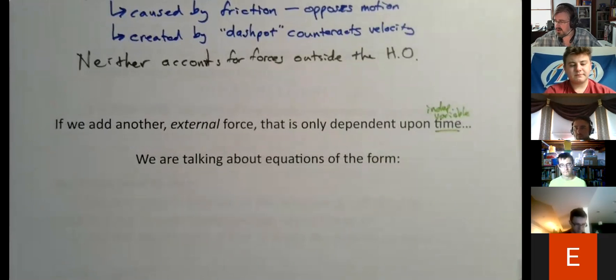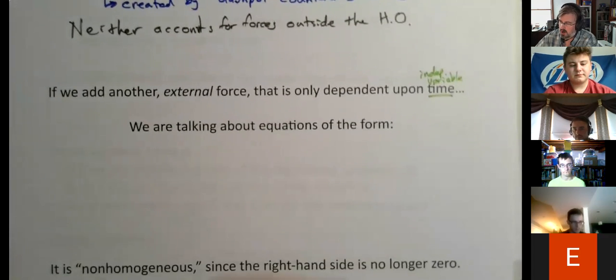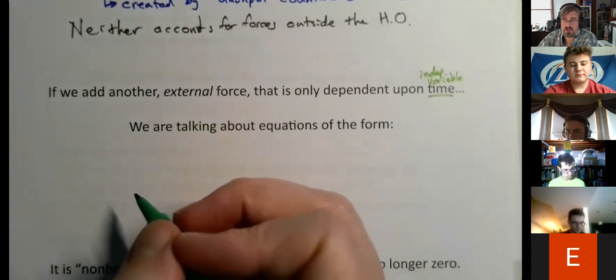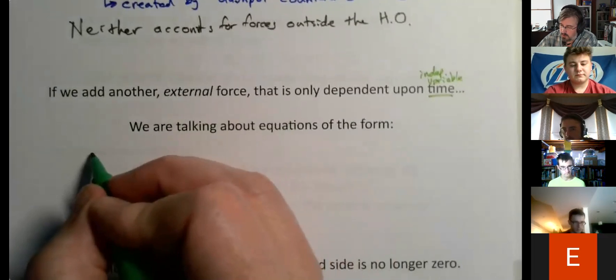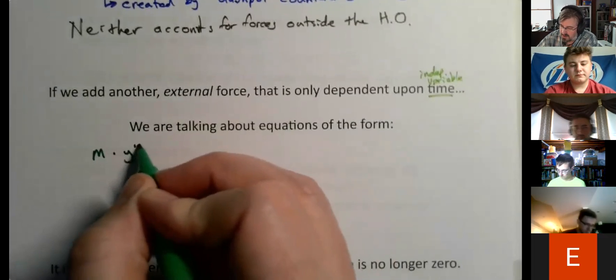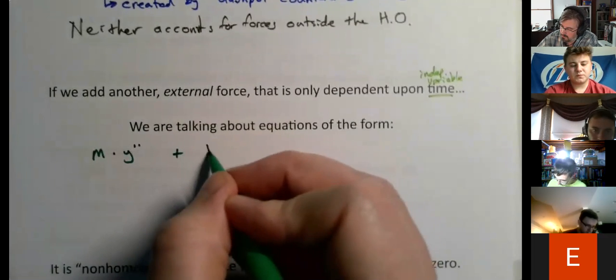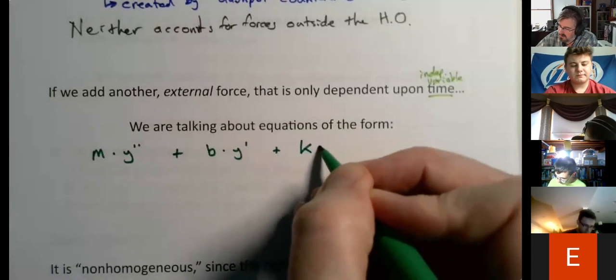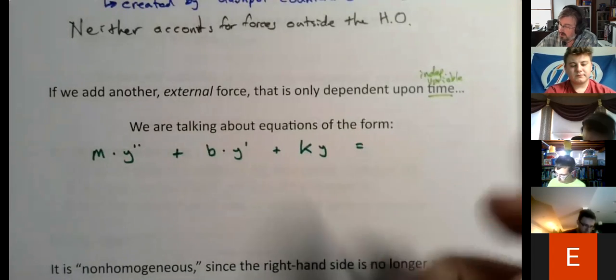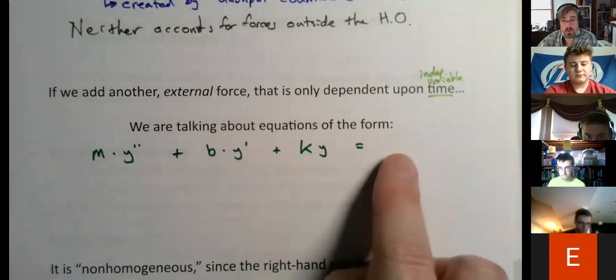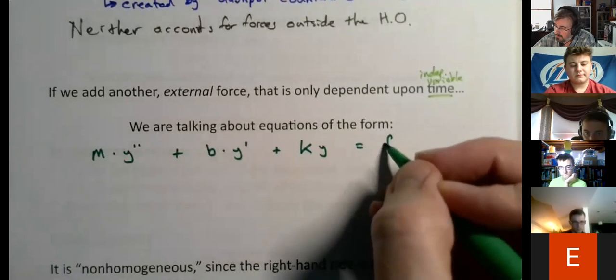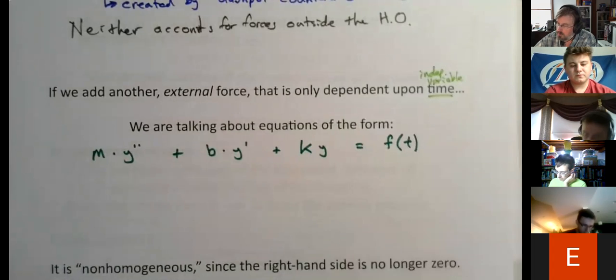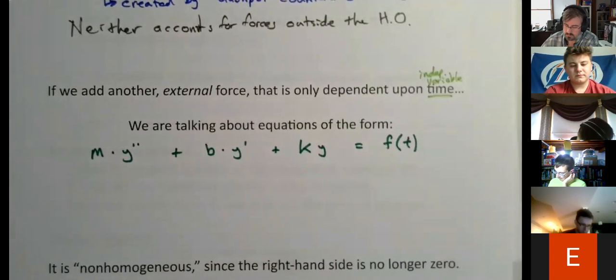So we're talking about an equation that's going to look something like this. If you remember, our general form of our differential equation was mass times y double prime plus b times y prime plus k times y equals, and it used to be equal to 0, but now we're going to say that's equal to some outside force, f of t. And just a reminder, this was the mass.